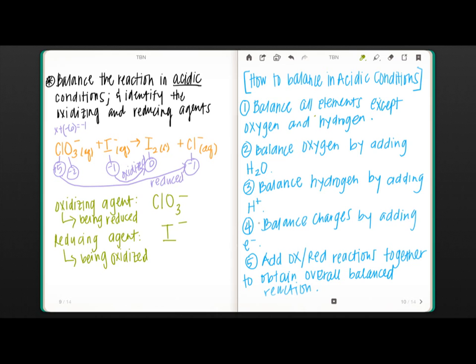Fourth step, balance charges by adding e minus, your electrons. Fifth step, add the oxidation and the reduction reaction together once they are balanced. Then you can finally obtain the overall balanced reaction in acidic conditions.